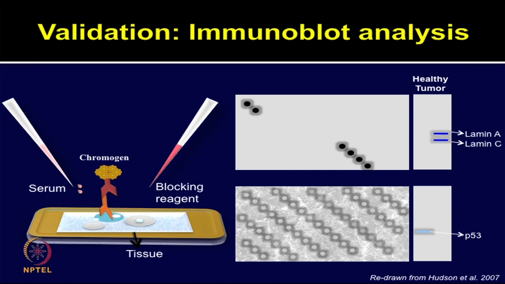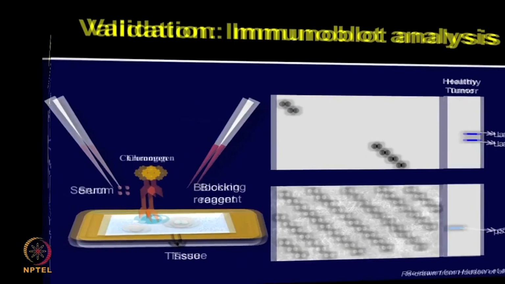Similarly, p53 protein was probed by using anti-p53 antibody. So, these immunoblot assays were performed. The western blot analysis confirmed and validated that the proteomic findings based on protein microarrays were quite relevant, and elevation of these proteins was validated by independent techniques.